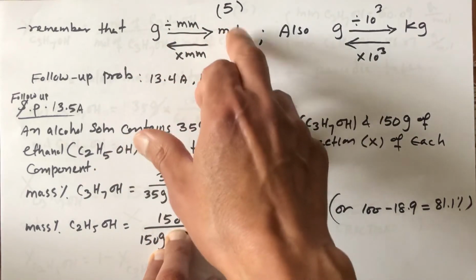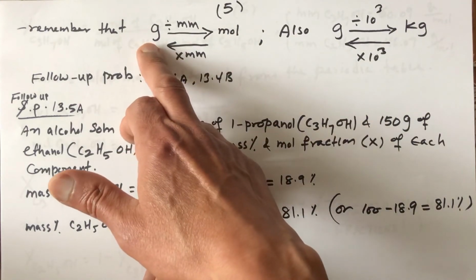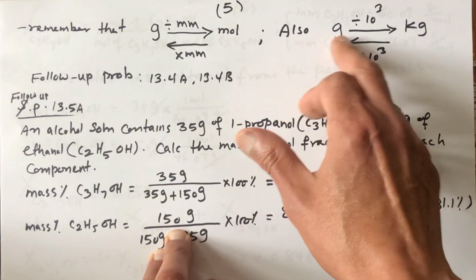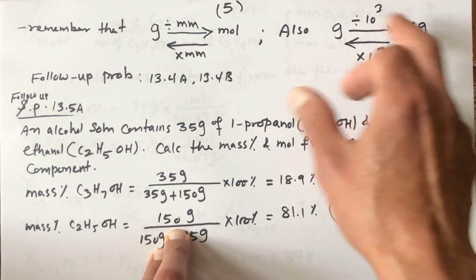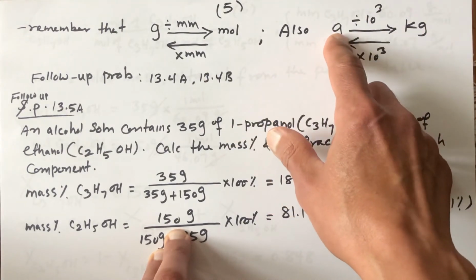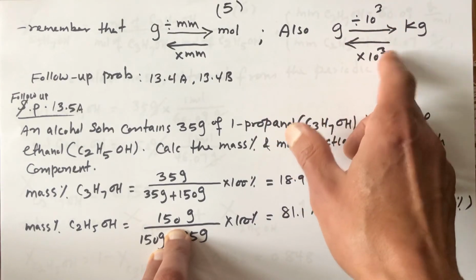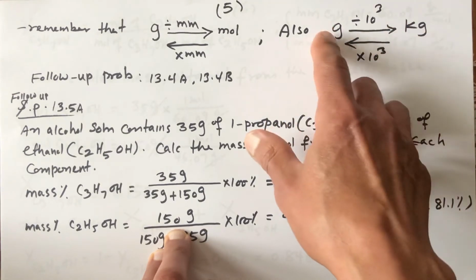If you multiply the moles by the molar mass, you go back to grams. And also a similar conversion chart here for grams to kilograms, kilograms to grams. If you divide the grams by 1,000, you get kilograms. If you multiply the kilograms by 1,000, you get grams.